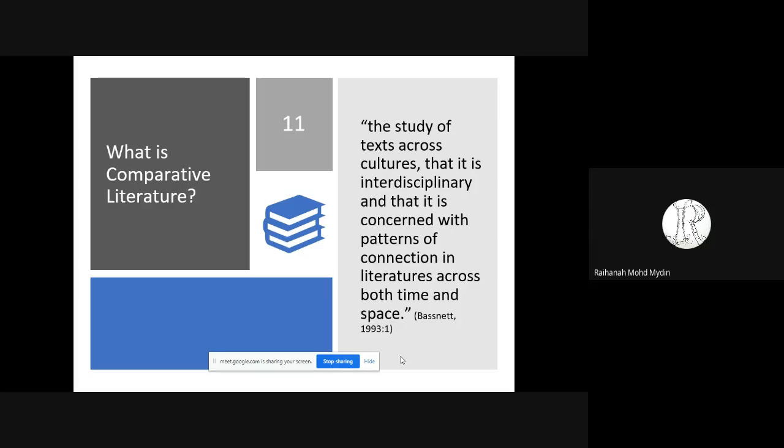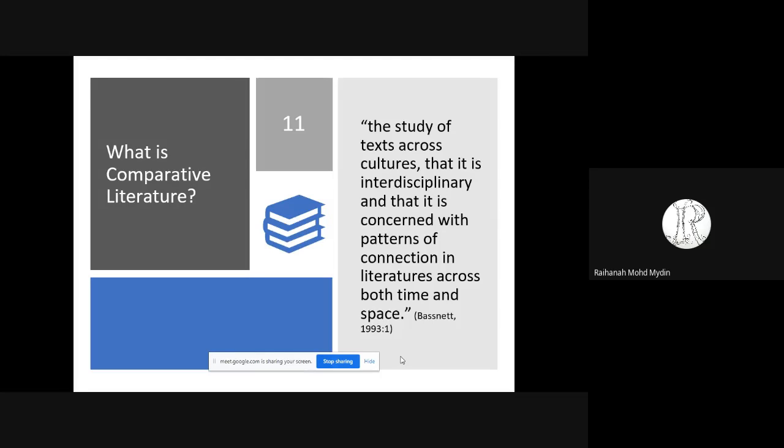However, the problem with that definition, like I said, is that it assumes every nation has one culture, or each text is located within a country with one culture. But that's not the case in Malaysia, for instance. Maybe in the Middle East it is, right? Maybe in China to an extent it is. But in countries like Malaysia, where we are multicultural, if each text is located in one country, which text can we choose?